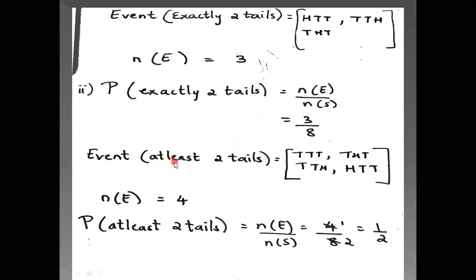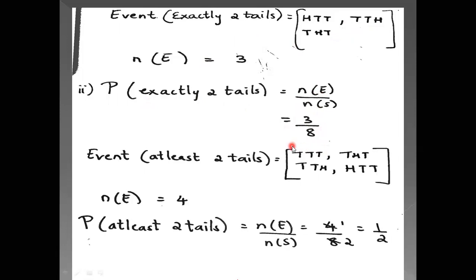So the number of events is 3. Now the probability of exactly 2 tails is equal to the number of events upon the number of sample space, so 3 upon 8. You cannot divide it further, so this is your final answer.